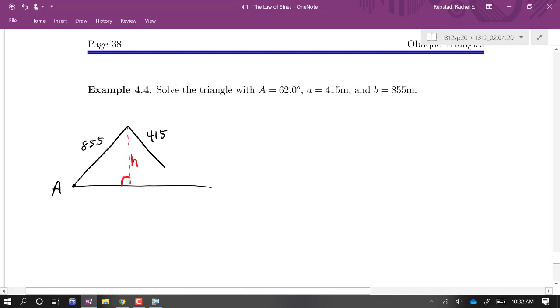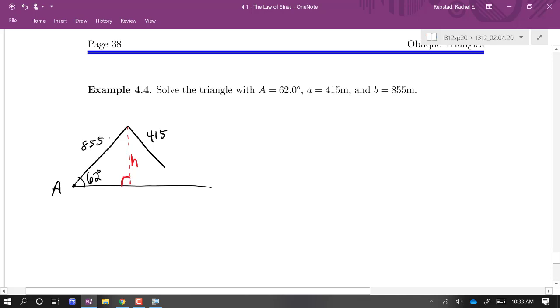So let's find the height. How do I find that height? Oh, yes, 62 for A. Let me fill that in, 62 degrees. So how do we get the height? It could be 415 over sine of 62.